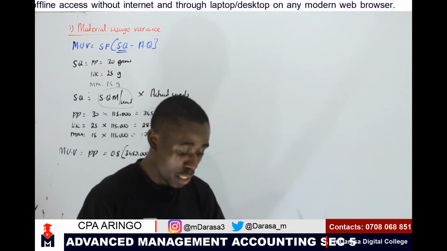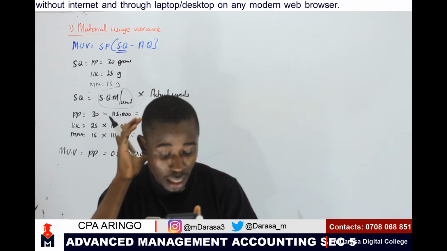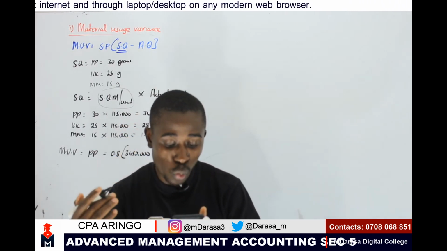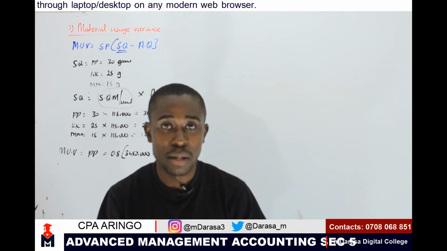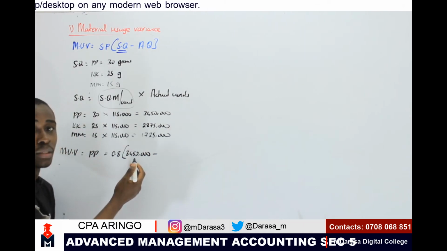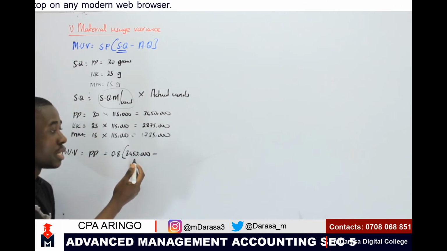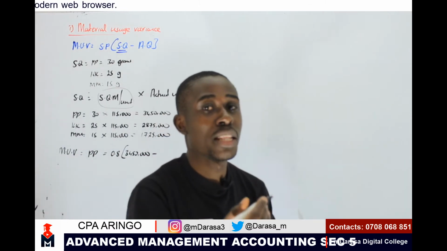Very good. Note 1, tumeambiwa kwamba the actual quantity that we used was 3500 kilograms. And remember, these figures of ours are in grams, right? So it will be advisable also for us to convert this kg into grams.